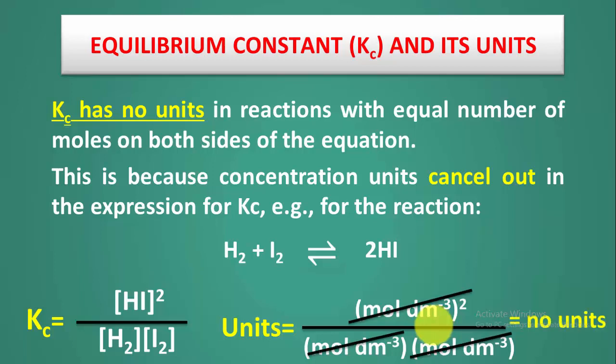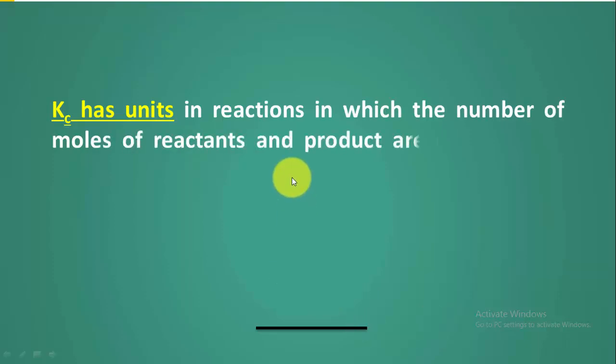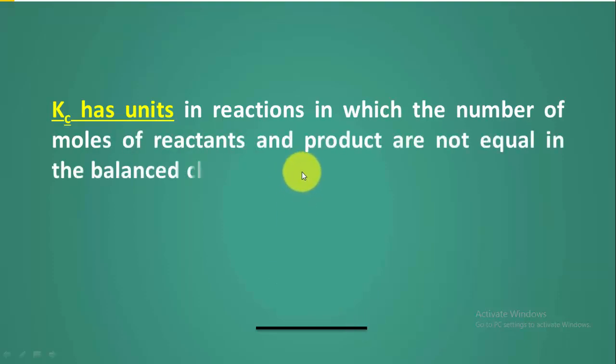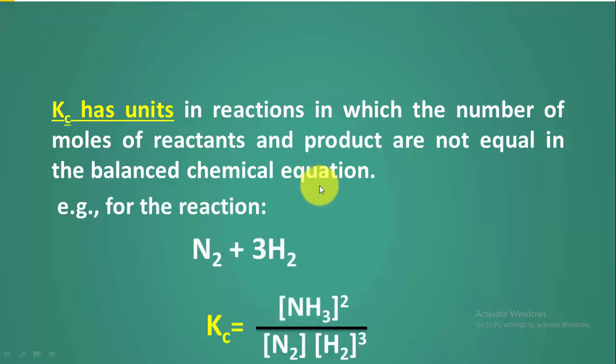And in another scenario Kc has units, because in some reactions the number of moles of reactants and products are not equal in the balanced chemical equation. For example, the formation of ammonia, N2 plus 3H2 is equal to 2NH3, in which the units of numerator and denominator are different. In the numerator, NH3, which is the product, has units raised to the power 2.